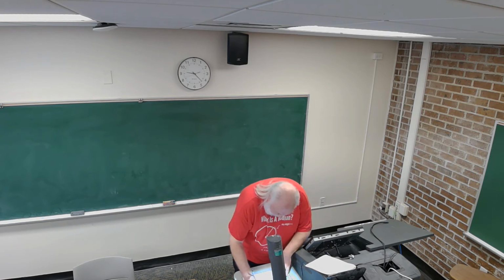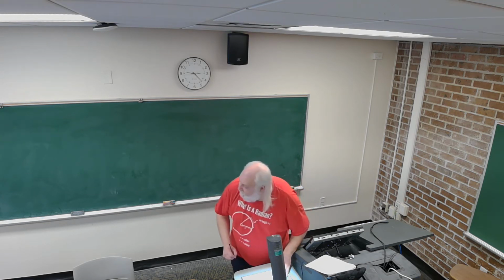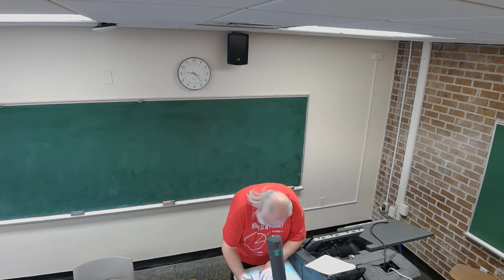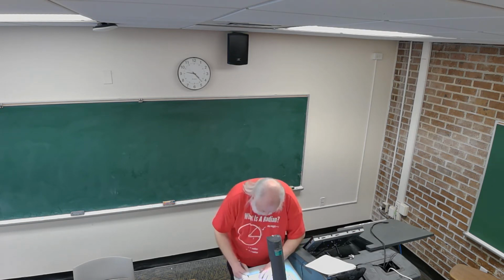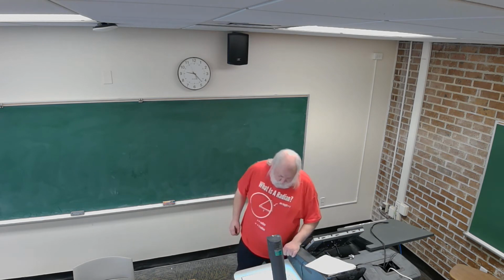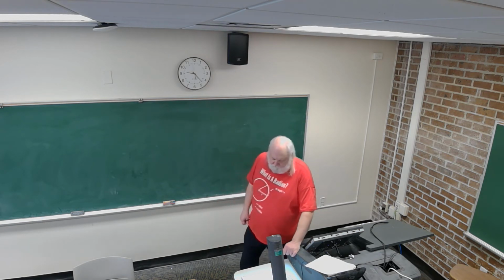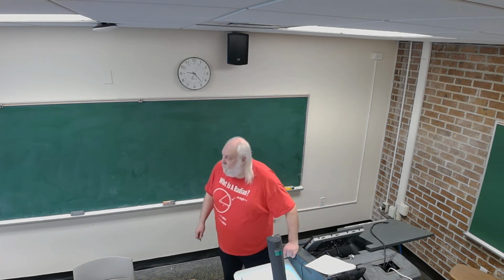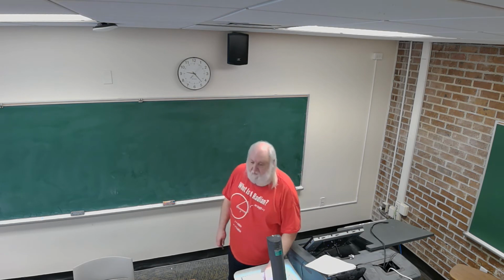So the vertical line x equals 2 is a vertical asymptote. What do we have at x equals minus 1 that we're not including it as a vertical asymptote?